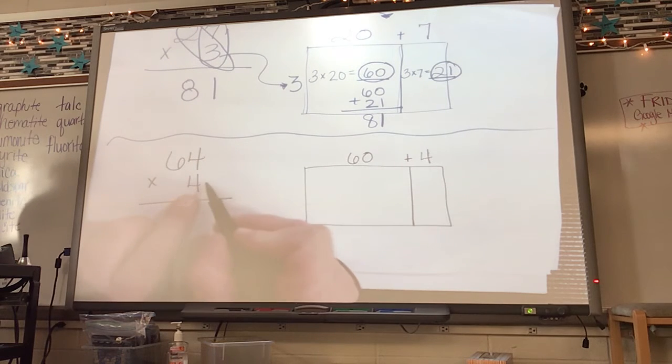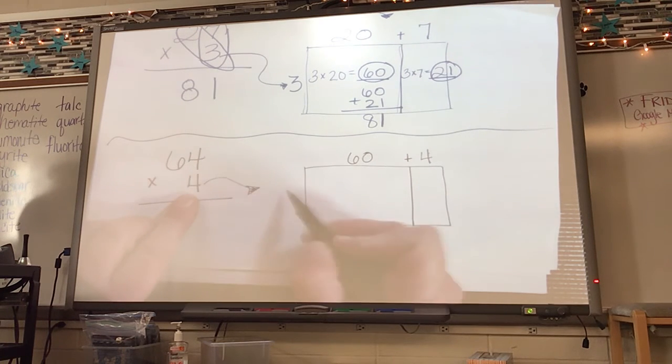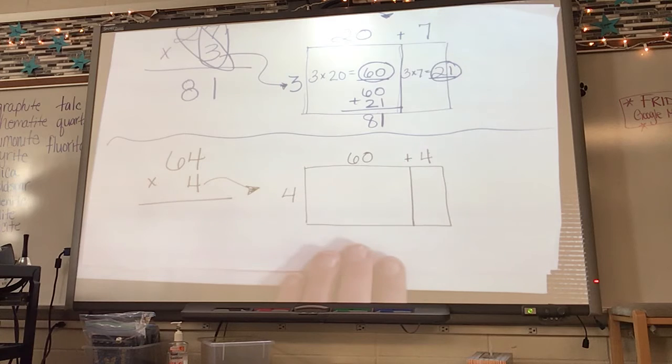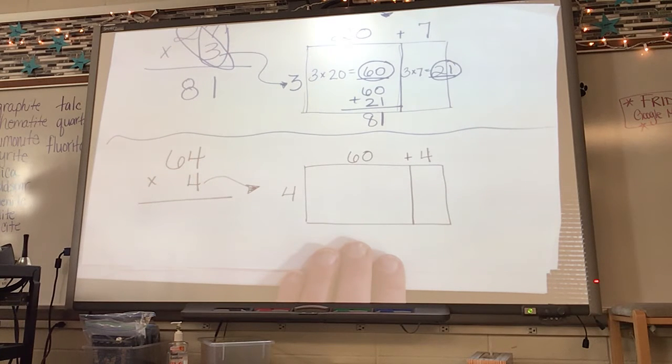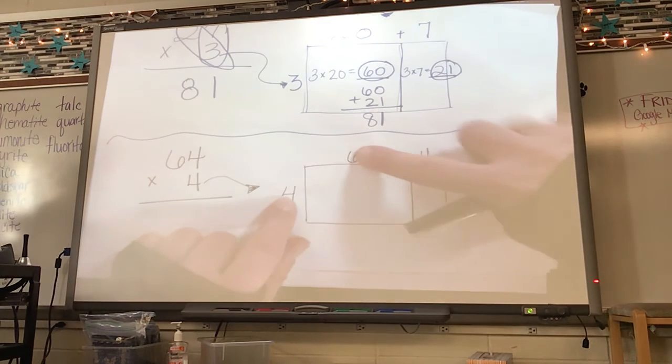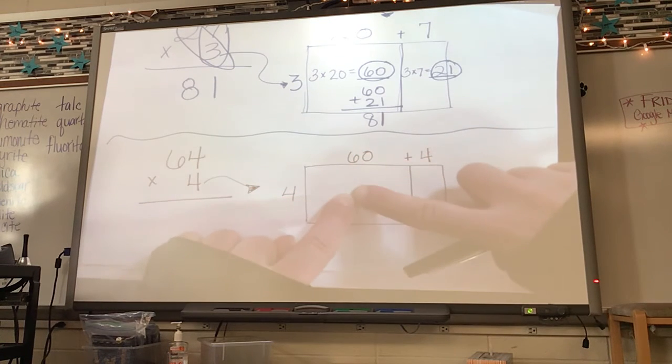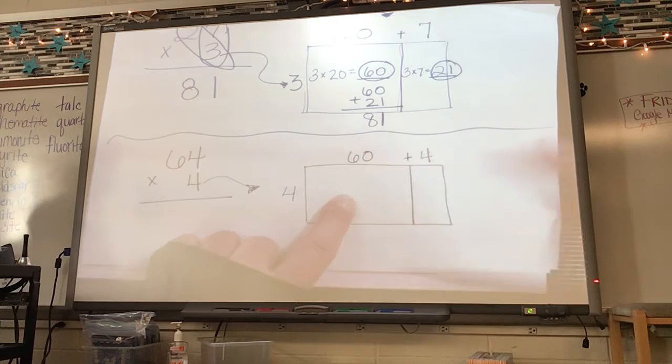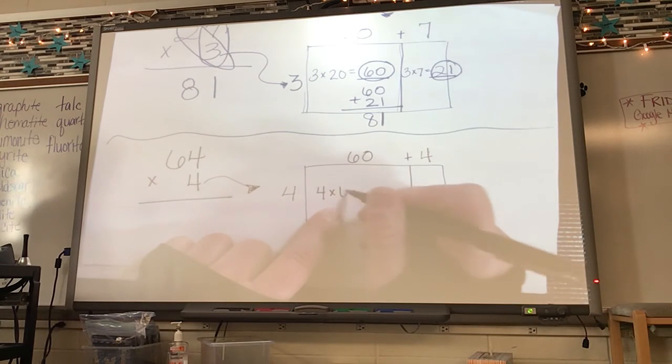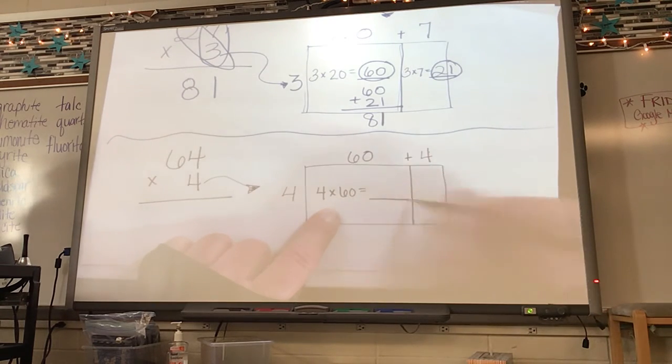I then move my 4 over to the side. Now I put my finger on the 4, my finger on the 60, and I bring them together. Right there. 4 times 60 equals blank. What is that blank?